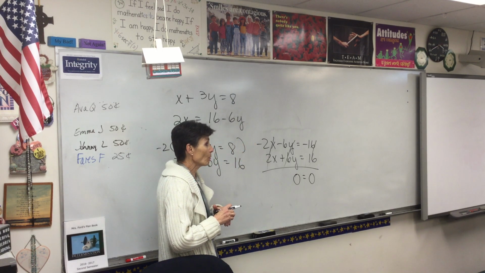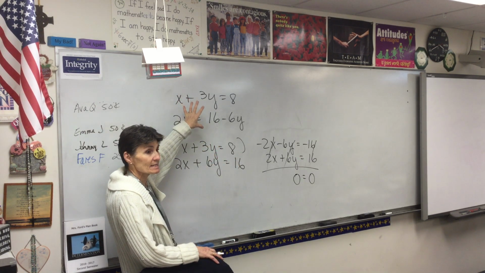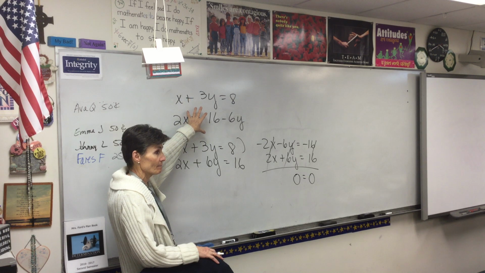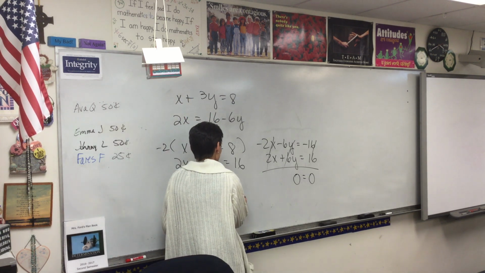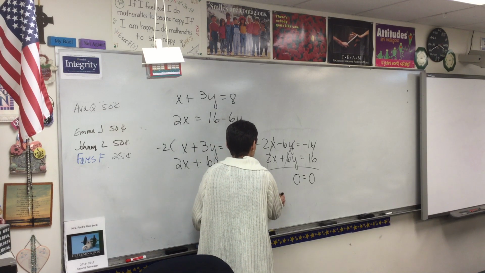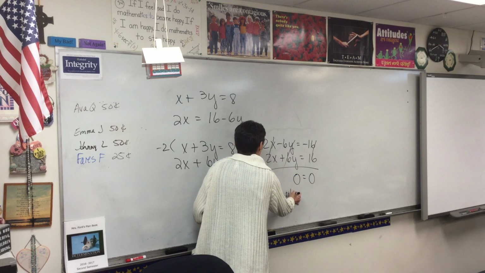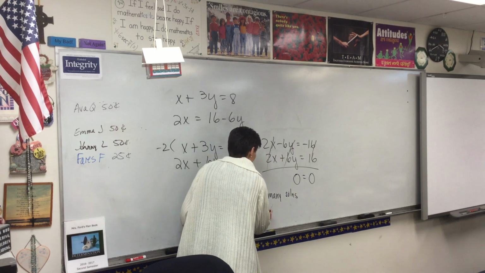We're not going to say all real numbers. What we mean is these guys are the same line. So we can either say infinitely many solutions, or we can say they are the same line.